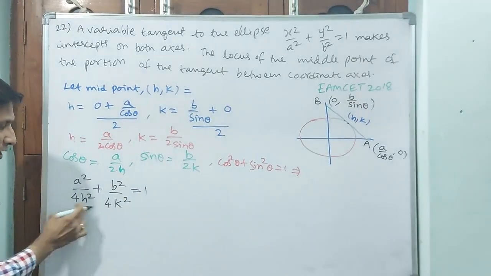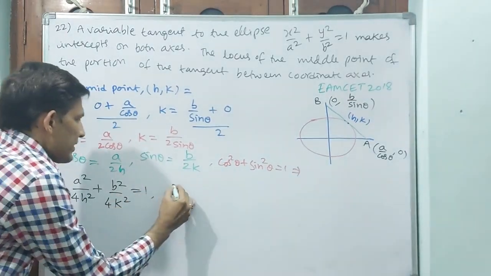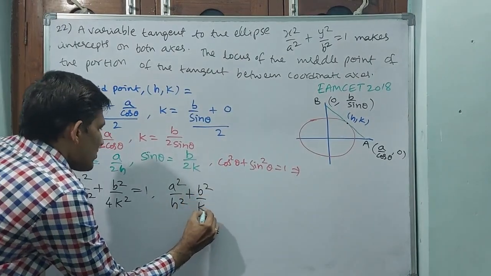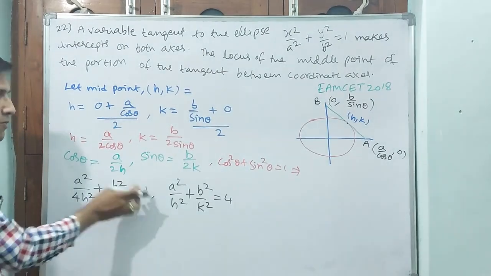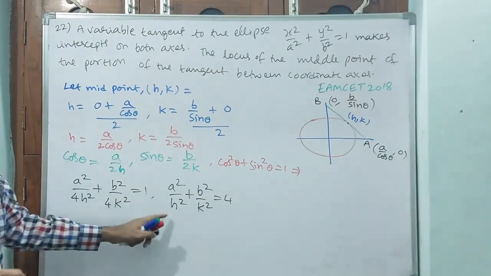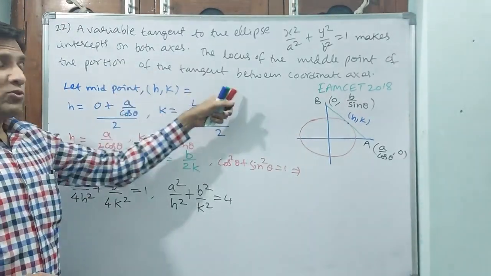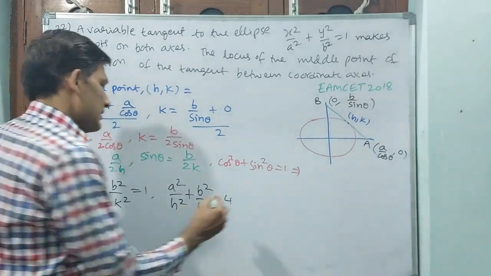You see, I am taking 4 common and sending it, like LCM, to this side. What will happen? a square by h square plus b square by k square is equal to 4. I have multiplied this 4 with the LCM. Now see, h, k is like x and y. If you want to write the locus, you have to replace h as x and k as y.